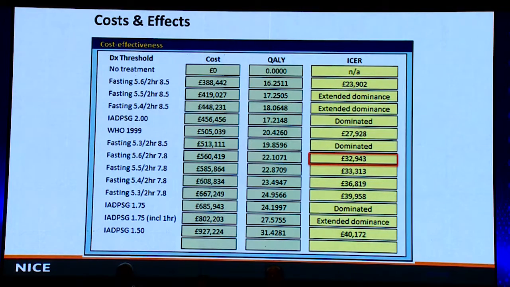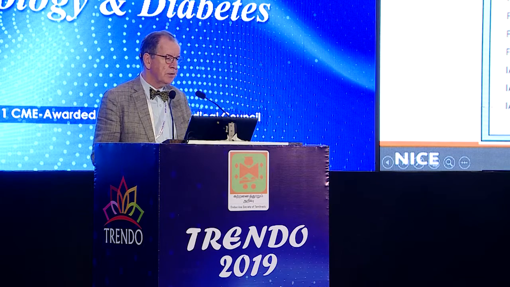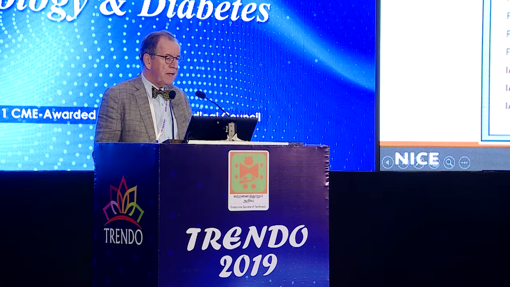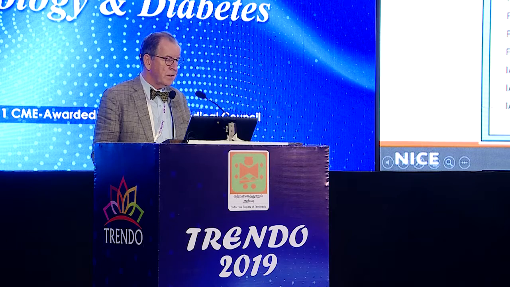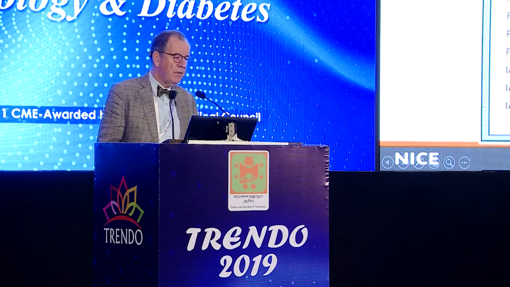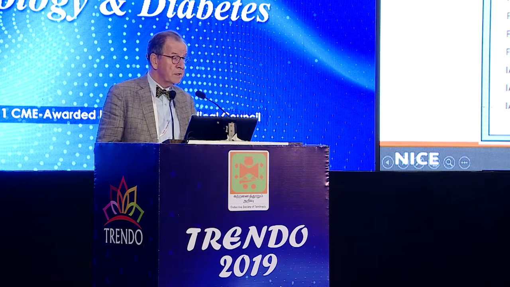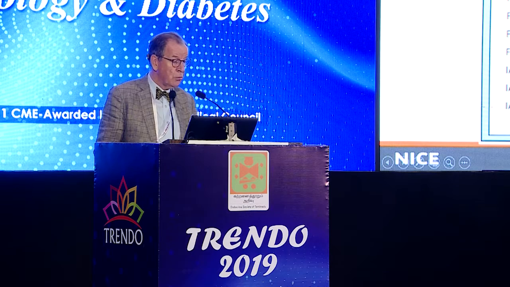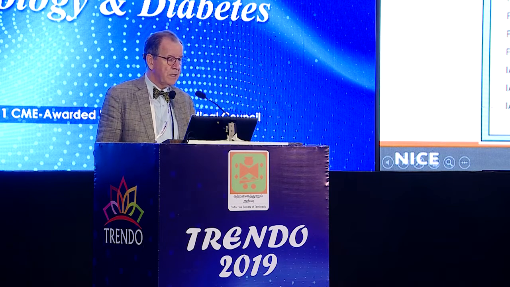This is a complicated slide, but what I want you to concentrate on is this diagnostic threshold column here to my left and your right. And basically we looked at no treatment at all, different levels of fasting and 2-hour plasma glucoses. We looked at the IADPSG where the odds ratio was not 1.75 but 2.00 from the HAPO data set.